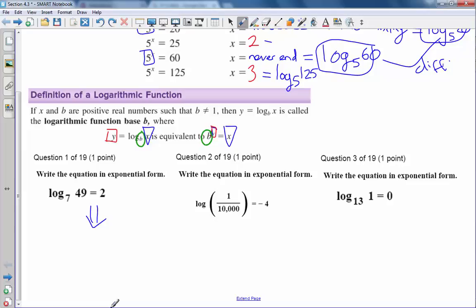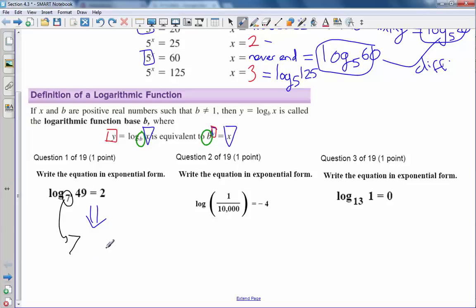But again, my recommendation is to understand it directly and change this to English. It says a number raised to the power of 7 becomes 49, and that number is claimed to be 2. Let's see if it's right. You take the base as the new base. The base is the base of the exponential.